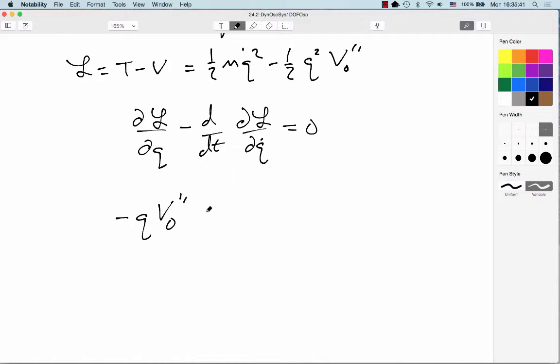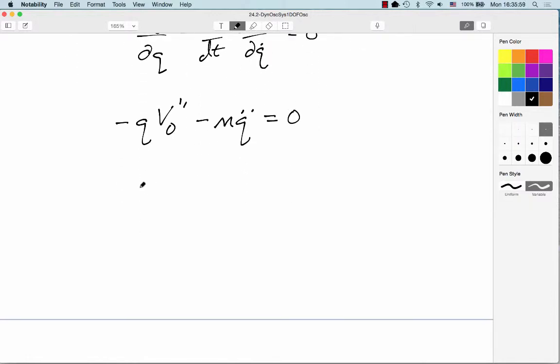And then minus, differentiating this with respect to Q dot will give me MQ dot, and then differentiating that with respect to time will give me MQ double dot, and that has to be equal to 0.